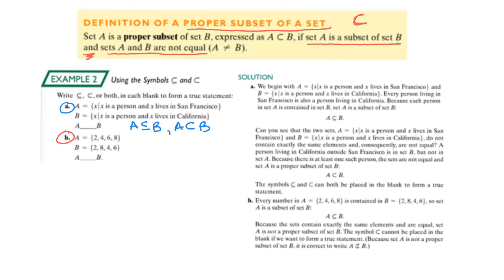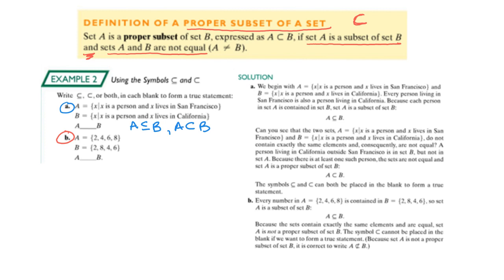For part B, we have set A is 2, 4, 6, 8, and set B is 2, 8, 4, 6. Then we ask ourselves, is set A a subset of set B?